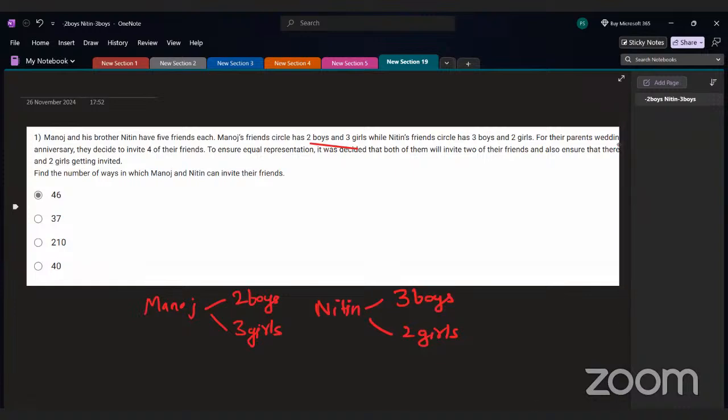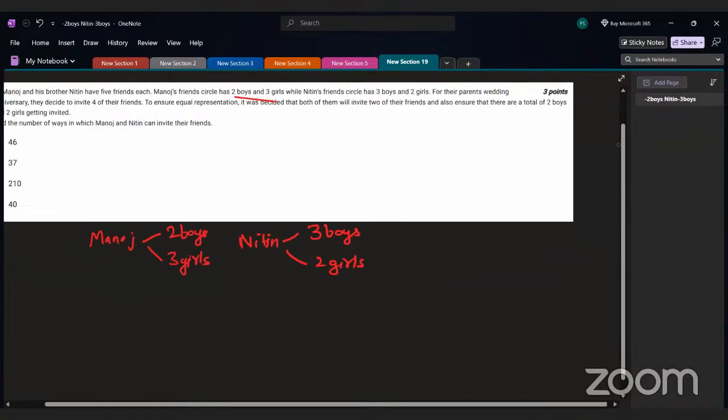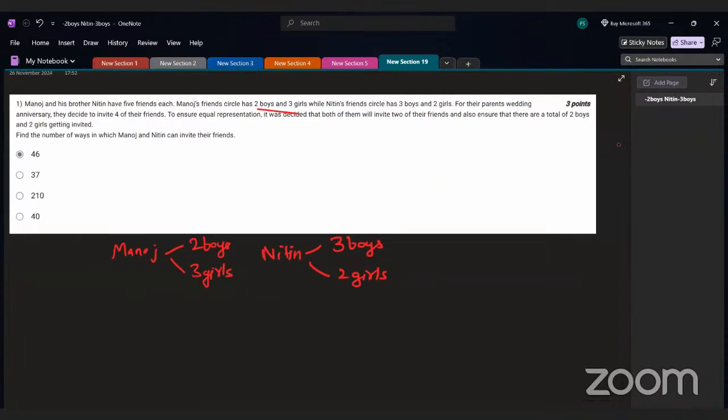For their parents' wedding anniversary, they decide to invite four of their friends. So both of them, Manoj plus Nitin, will invite four friends.